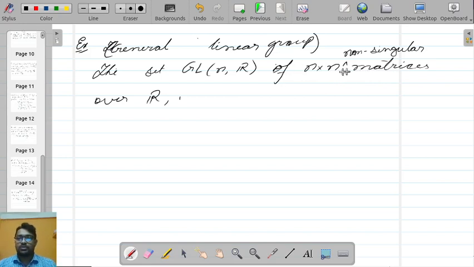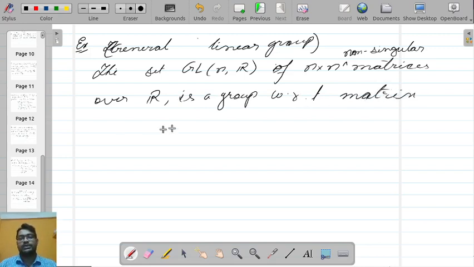So the set GL_n(R) of n by n non-singular matrices over R is a group with respect to matrix multiplication. You try to justify this.